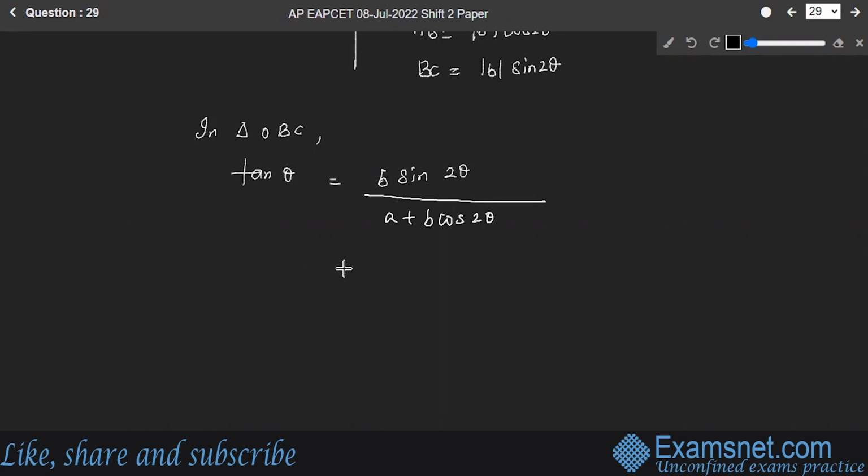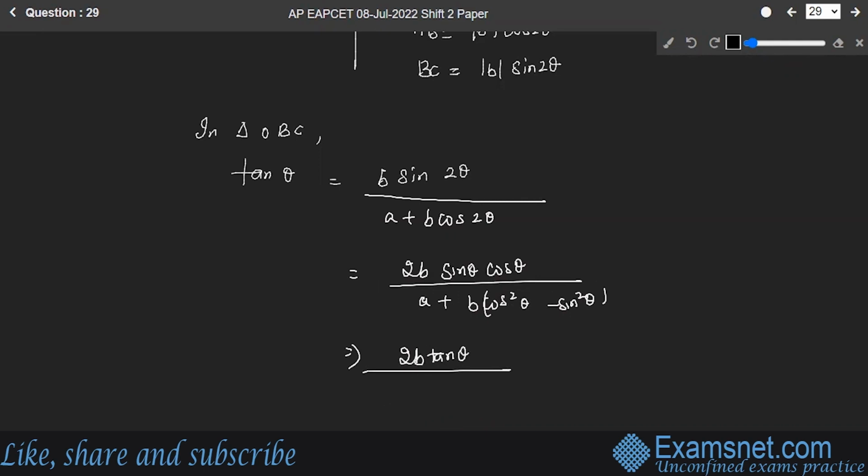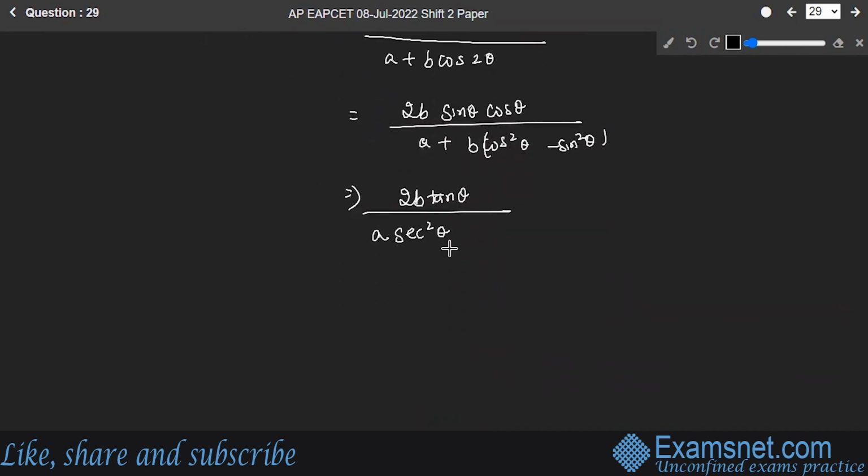Sine 2 theta can be written as 2 sine theta cos theta, whole divided by A plus B cos 2 theta, which can be written as cos square theta minus sine square theta. Now dividing the numerator and the denominator by cos square theta, it will give you 2B tan theta upon A secant square theta plus B into 1 minus tan square theta. This was equal to tangent of theta only.